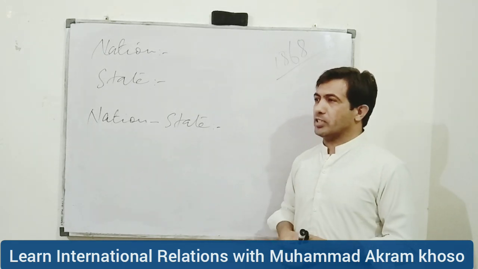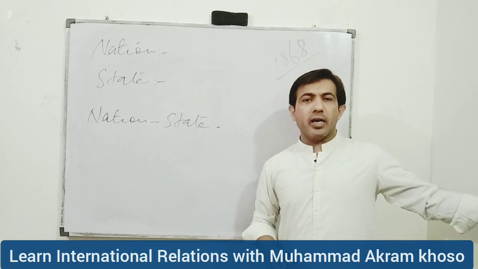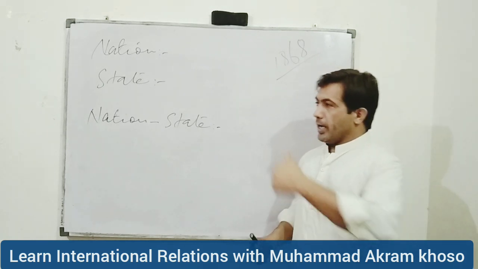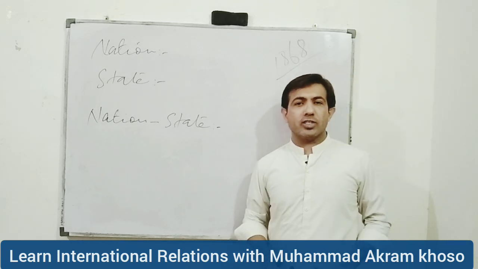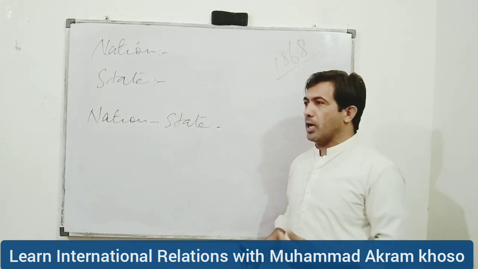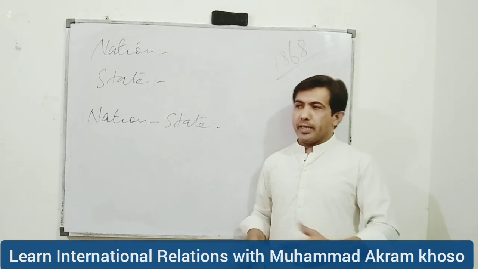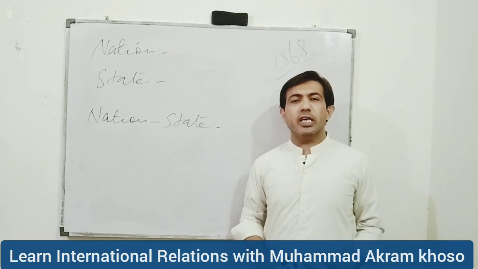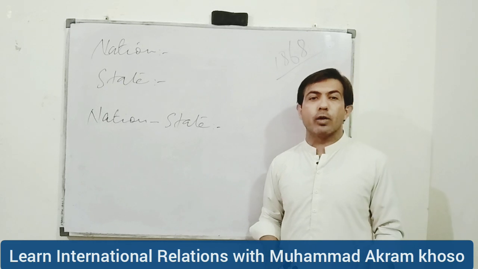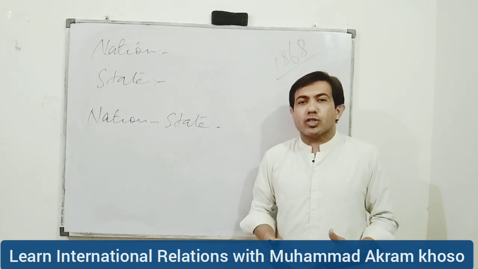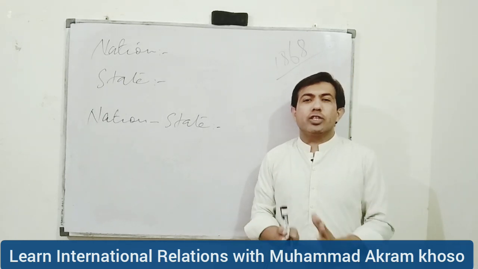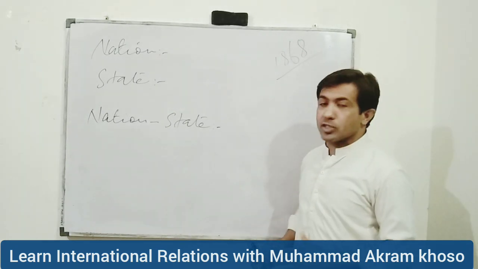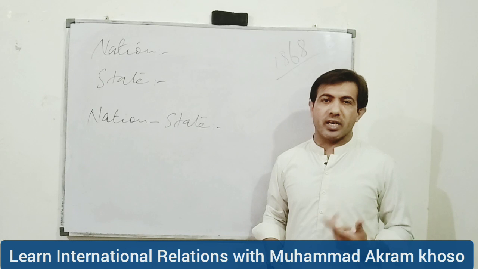As in Pakistan, there is India to the east, the boundary is called the Radcliffe Line, and to the northwest Afghanistan, the boundary is called the Durand Line. There is also Iran to the southwest, China to the northeast, and to the south the Indian Ocean. So Pakistan has a well-defined geographical territory.